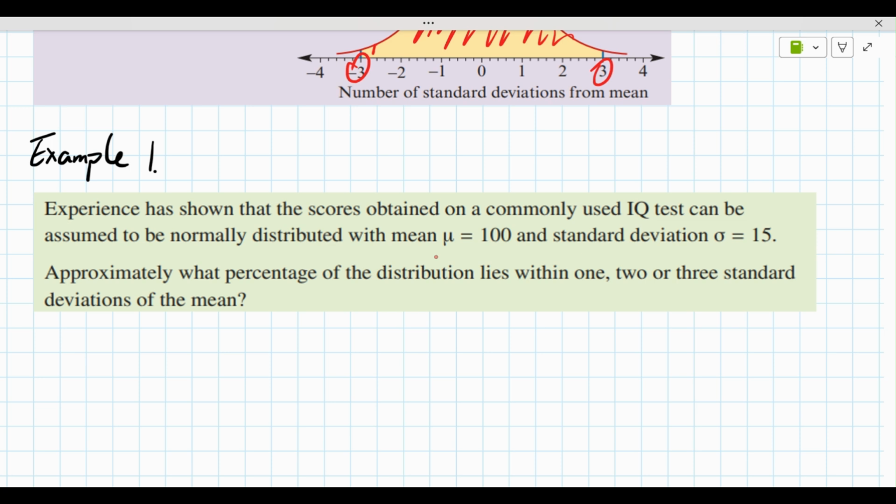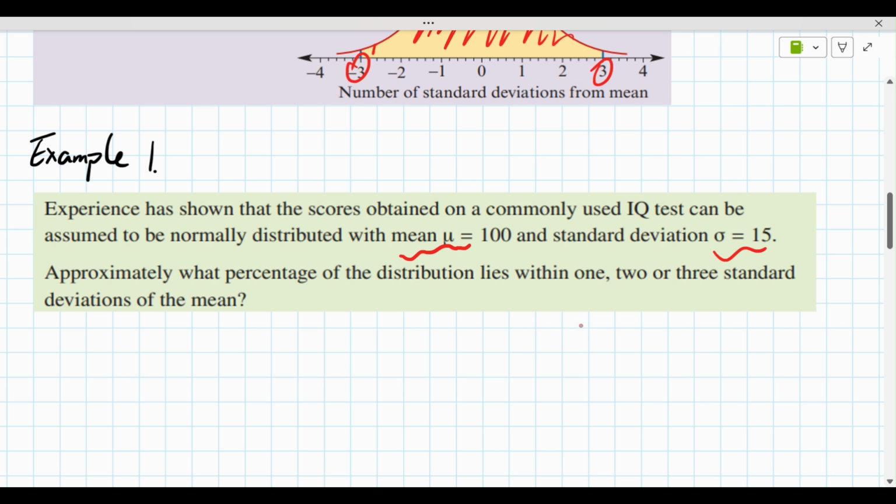The experience shows the scores obtained on a commonly used IQ test can be assumed to be normally distributed, with a mean of 100 and a standard deviation of 15.